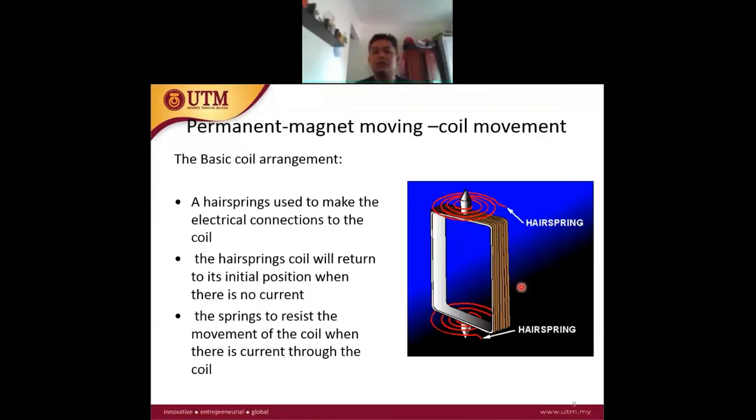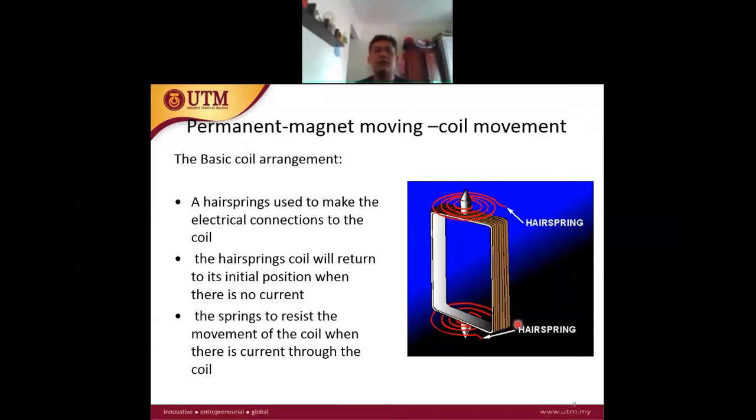When there is no rotation, the hairspring will make sure that the rotating part returns to its original position.